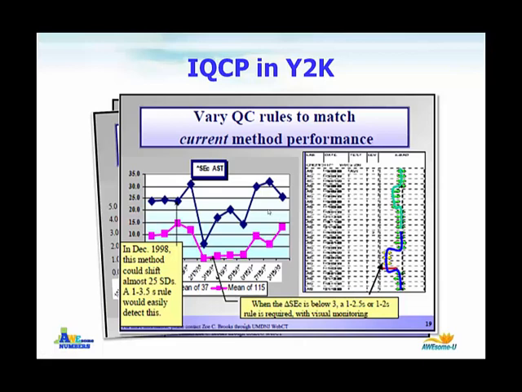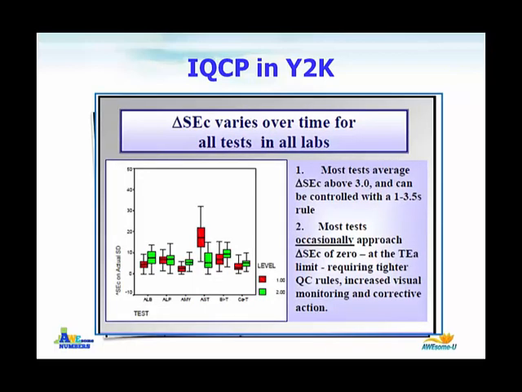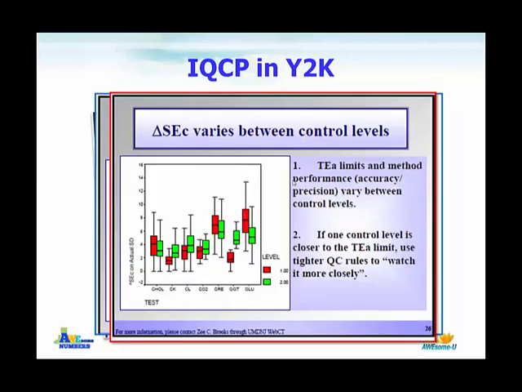I don't know if other studies have been done. What we did see is that critical systematic error varies over time for all tests in all labs, and that it's different between control levels. Control level 1, control level 2 did not have exactly the same pattern.